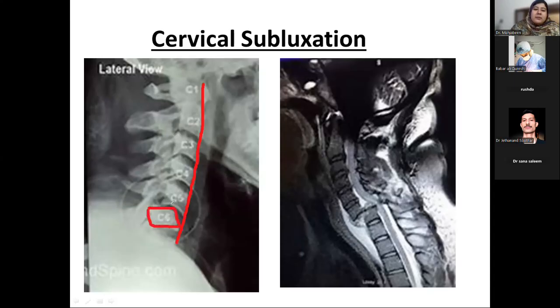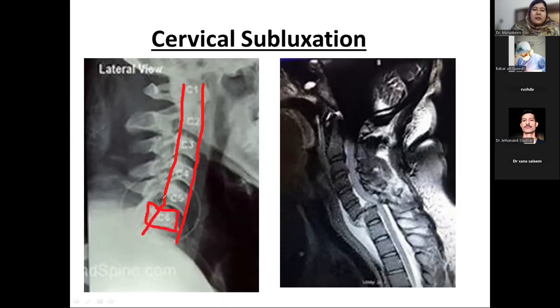This is something very off center, and this is coming anteriorly. So when you see misalignment in this line, and even in the posterior vertebral line, यहाँ पे आके exactly this is disrupted.